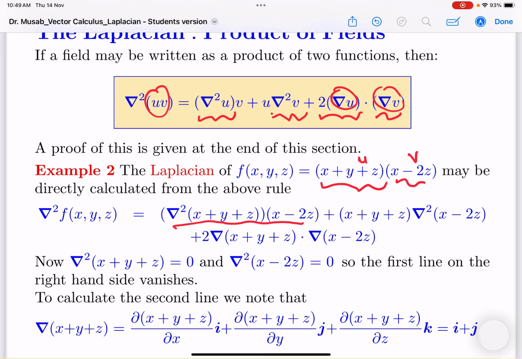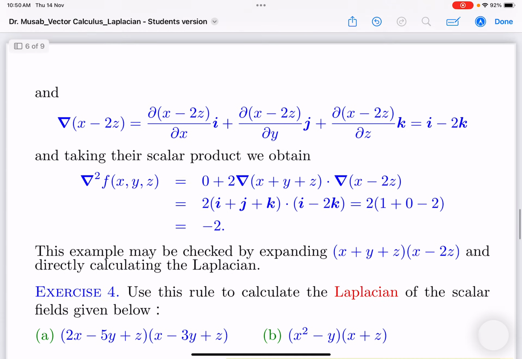This is the Laplacian of u, this is the Laplacian of v, and then for the rest we do the divergence of each part. So this is a formula for a product of two functions.